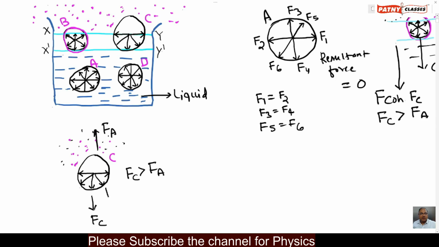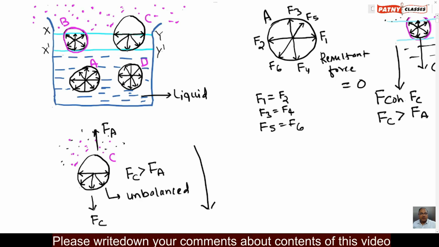Therefore, the molecule is unbalanced. Why is it unbalanced? Because downward forces are larger than upward forces. Therefore, molecule C is also in an unbalanced condition. It is also pulled inward, pulled inside the liquid.